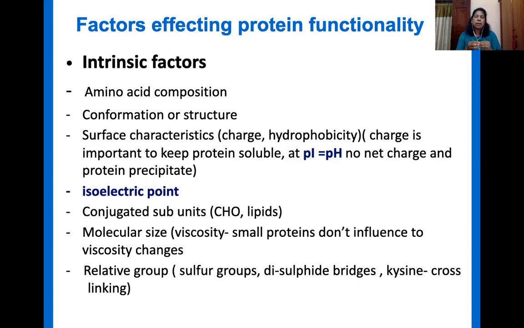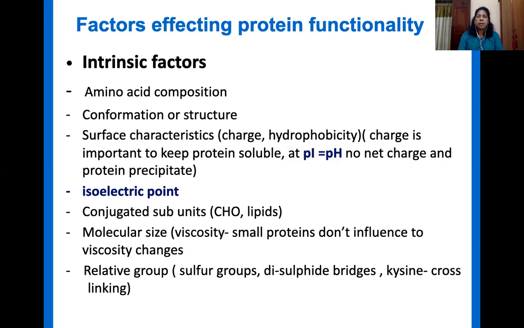If the molecules are smaller, then the viscosity will decrease. So if the globular molecular size is very high, then protein viscosity will increase. It depends on the different products. Some proteins have smaller molecules, and some have larger molecules. In that situation, we can think about the viscosity.